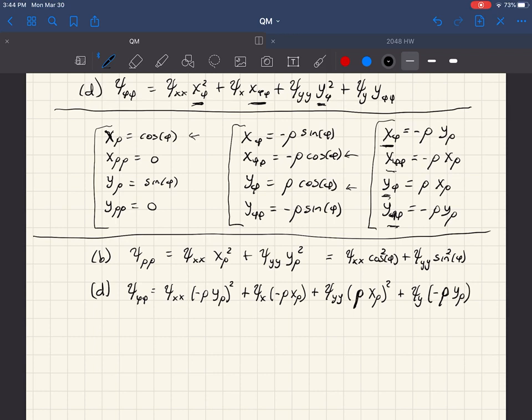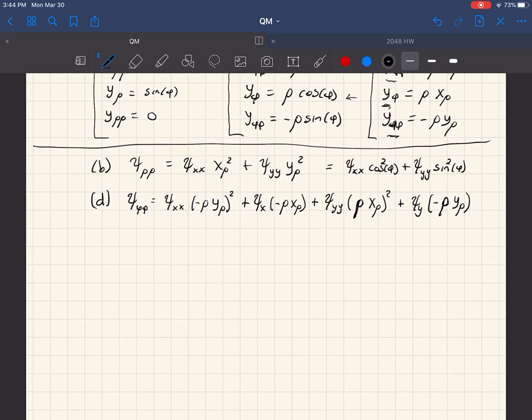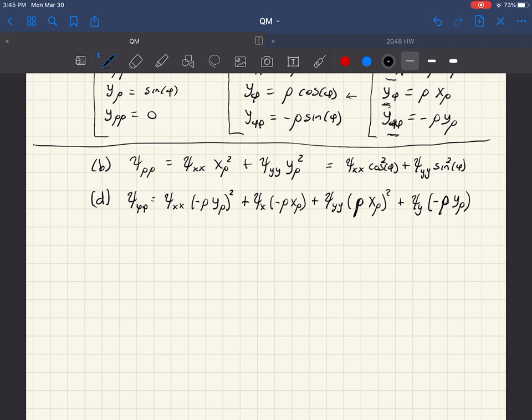All right, so the next thing that we're going to do is divide. We're going to be working on this one for a little bit here. We're going to divide by rho squared. And let me just make that a little bit nicer.